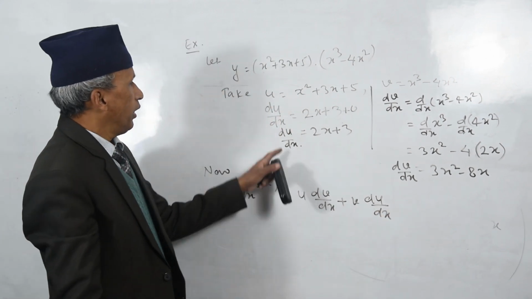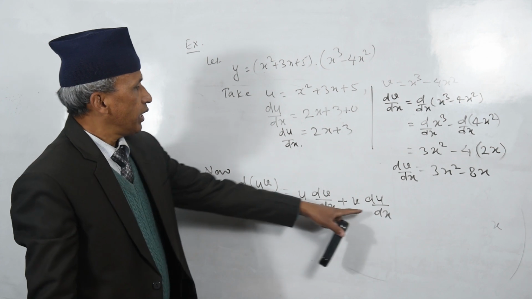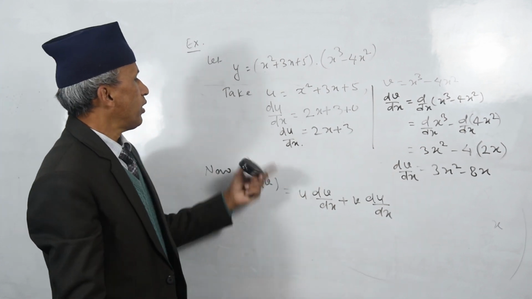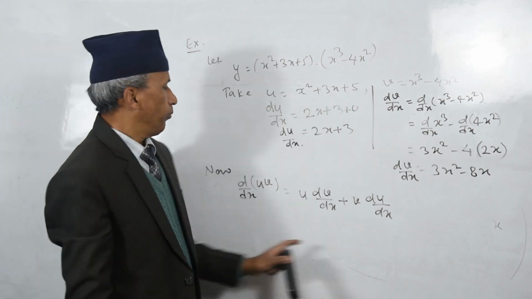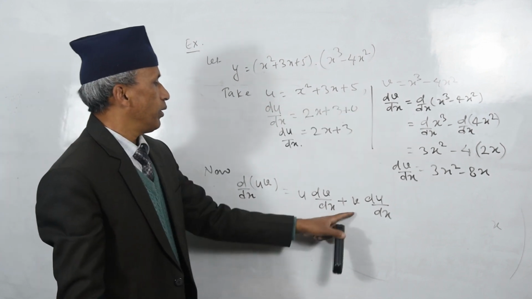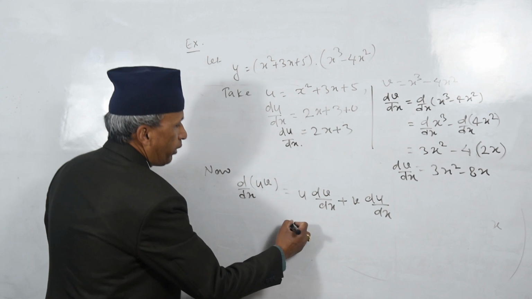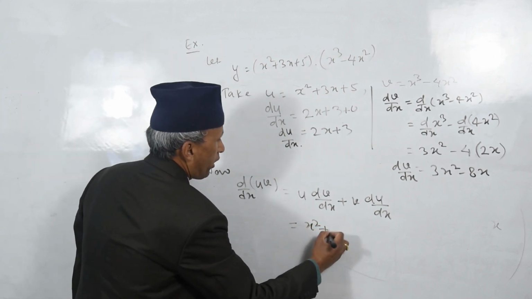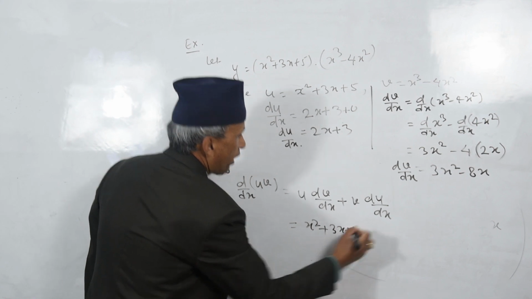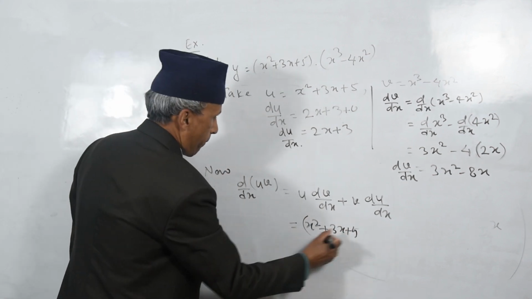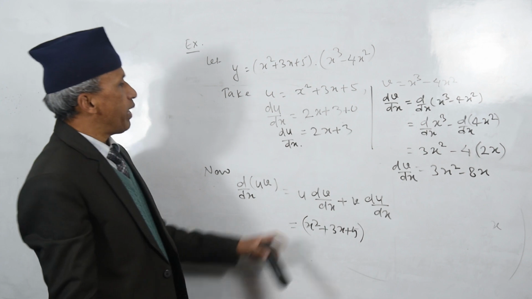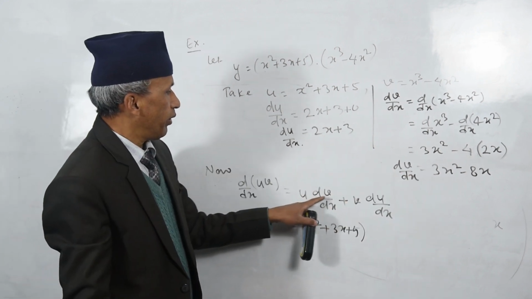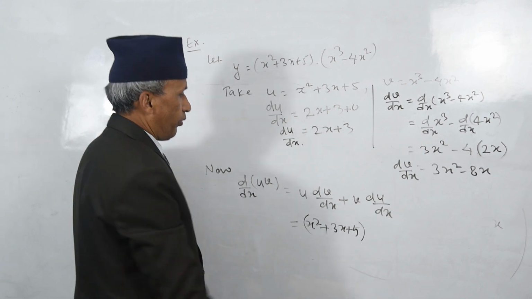Okay, du by dx and dv by dx are already found, so u and v are given. Just put the values of u and v in this formula and you will get the answer. U is x square plus 3x plus 5, times dv by dx. If there is u, then v; if v, then u, you have to use.